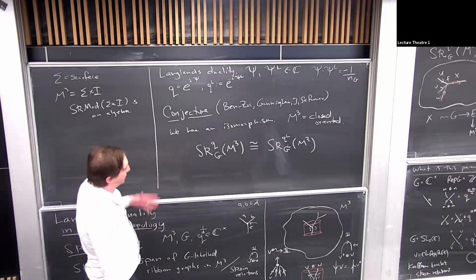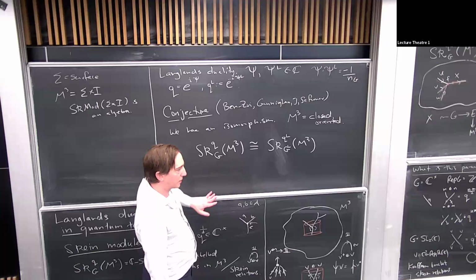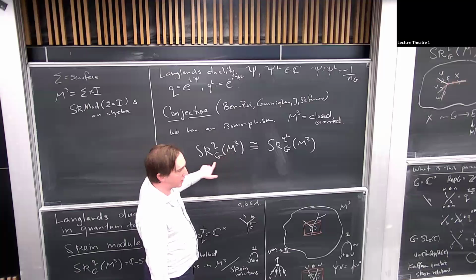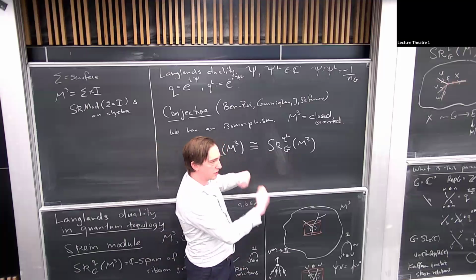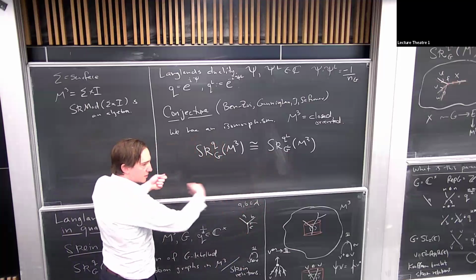The isomorphism that we would like to find should be natural in every possible way. So for instance, there's an action of the mapping class group of M3 on the skein module, just by moving these skeins around. There's one here, and this should intertwine those two. So I want to be as bold as possible, as strong as you like.